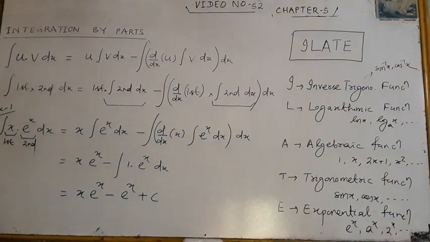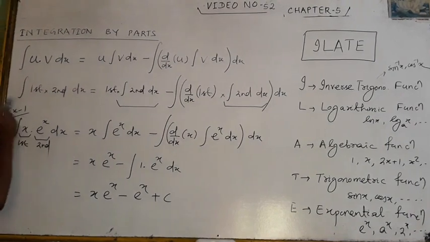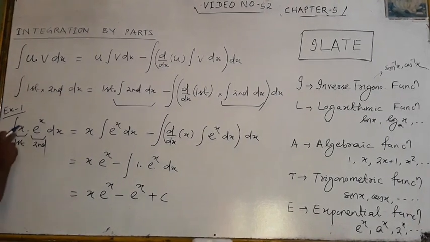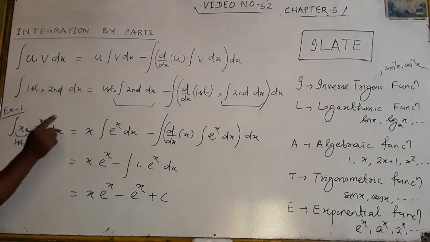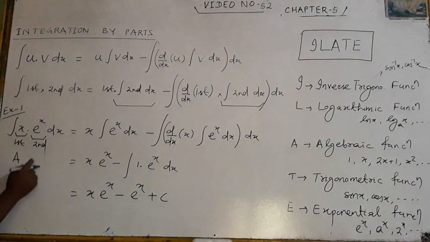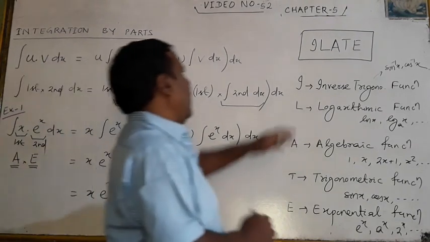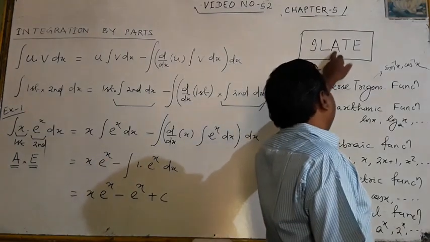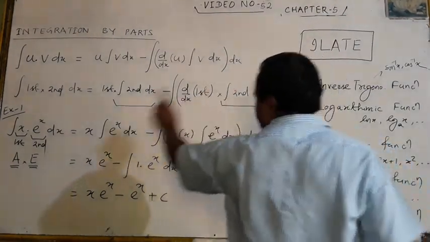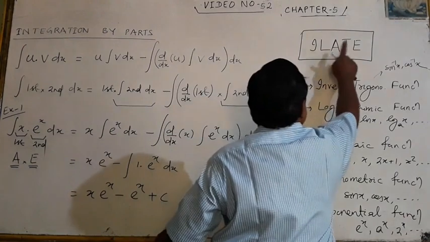Look here. This is why this is the first function and this is the second function. For x, x is what? x is an algebraic function. e to the power x is an exponential function. So when two functions are there, one algebraic, one exponential, look at the order I, L, A, T, E. A, E. Which one is coming first?